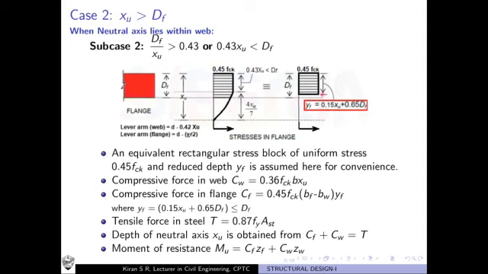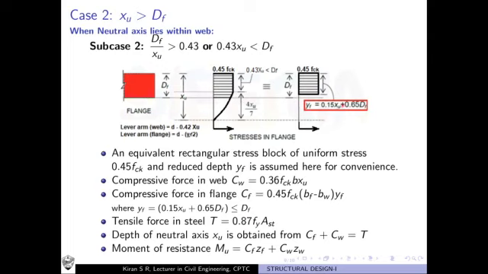Here you observe that the distribution is uniform, but it has a reduced depth, less than the depth of flange. So how far is this distribution uniform? That is exactly what is defined by yf. yf is equal to 0.15 xu plus 0.65 df.